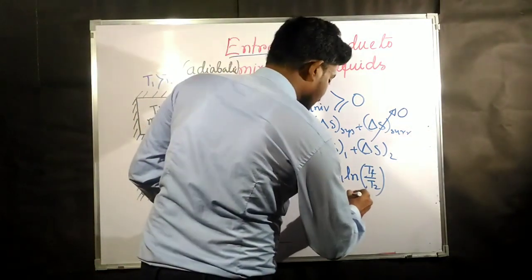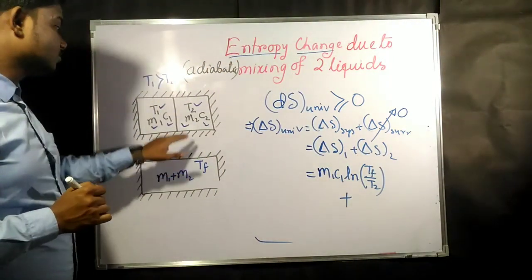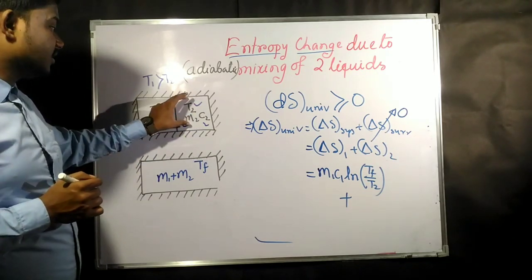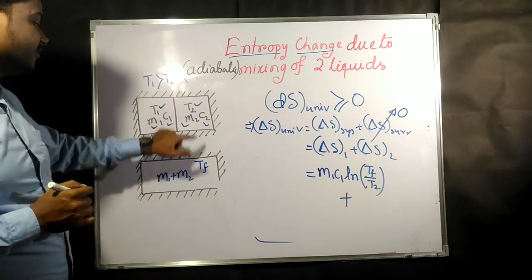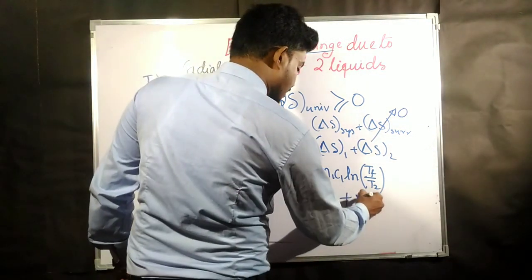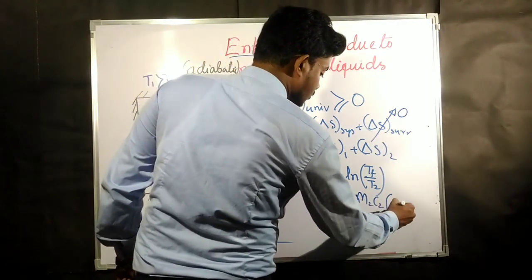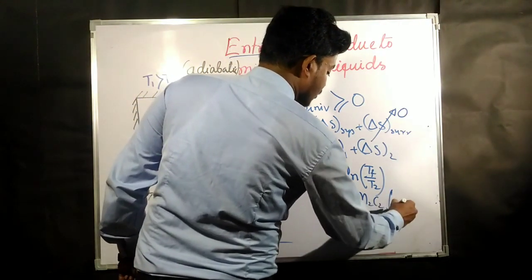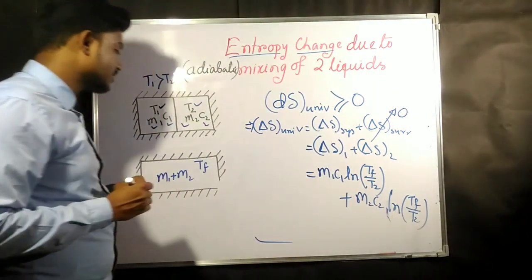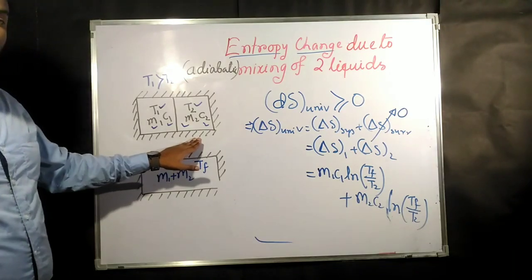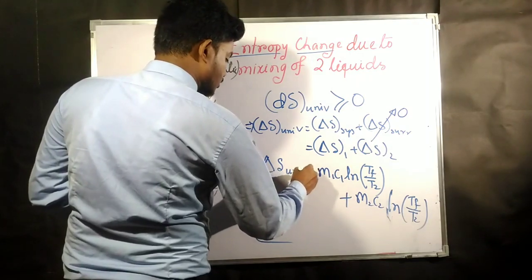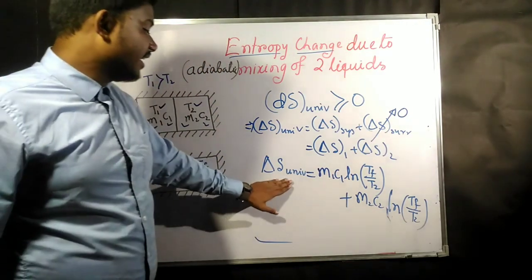Plus dS2. For dS2, this is also a finite temperature body. That means in this body also entropy change is taking place, and the final temperature is TF. So it is going to be m2 into c2 into ln of T final by T initial. The initial temperature of that body was T2. So dS universe is going to be this.